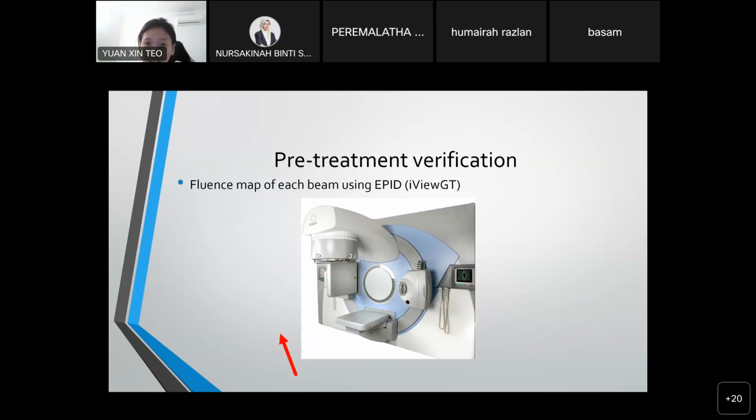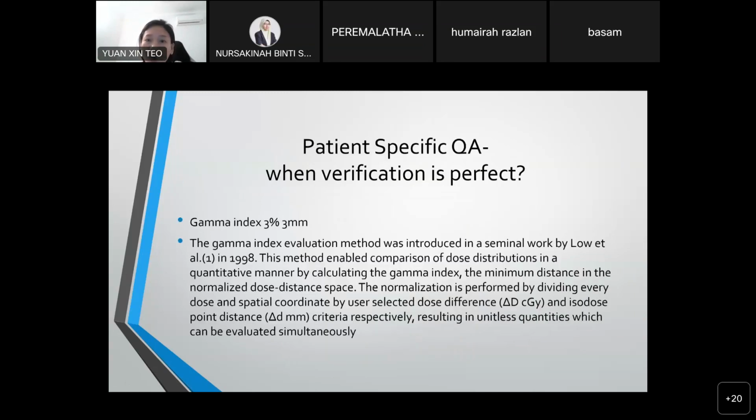Okay, now I will explain when the verification is perfect. You do the QA, but then how do you measure it? How do you know your QA plan has passed or failed? So there is a criterion developed since 1998. We call this gamma index, 3% and DTA 3 mm. This one you will need to study yourself, because if I need to explain in detail, it will take a very long time.